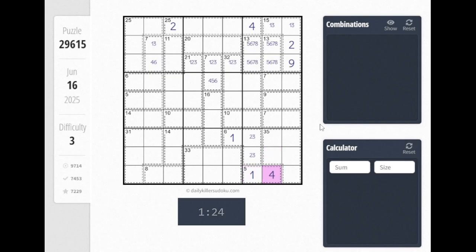There we go. Nice and neat. And similarly over here, this is going to be an 8. And fortunately, it really works out well to solving all of these.